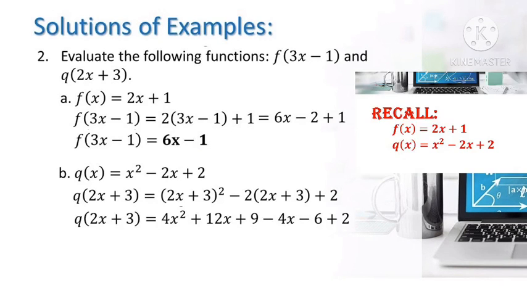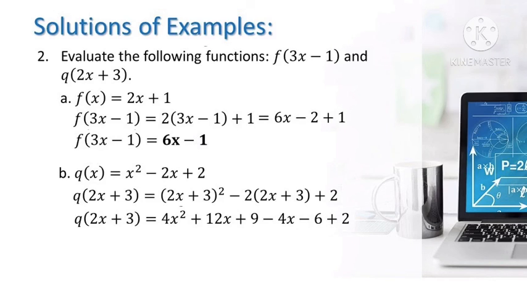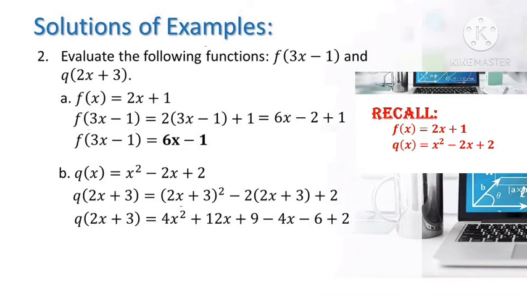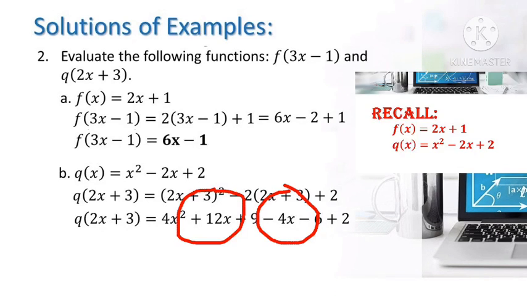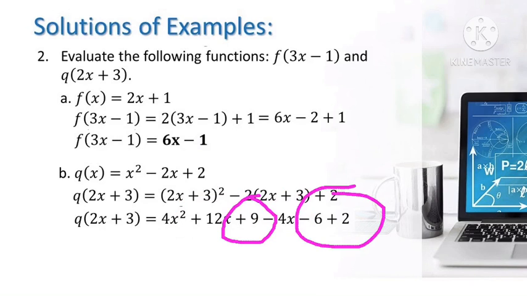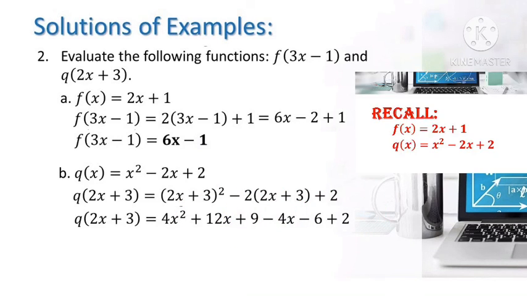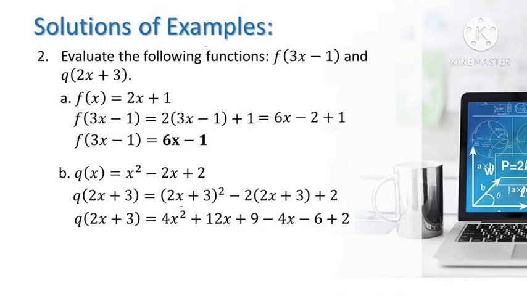Now it gives us 4x squared plus 12x plus 9 minus 4x minus 6 plus 2. We need to combine similar terms like 12x and negative 4x. Also, we have 9, negative 6, and positive 2. Hence, q of 2x plus 3 is equal to 4x squared plus 8x plus 5.